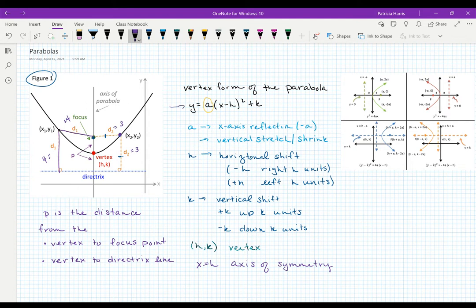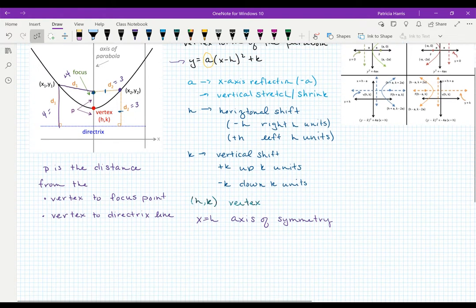Another thing to realize, and this is really, really important, so I write it in red: the parabola always surrounds the focus. I know that's not a very mathematical way to think about it, but it's always going to go around the focus like it's giving it a big hug.